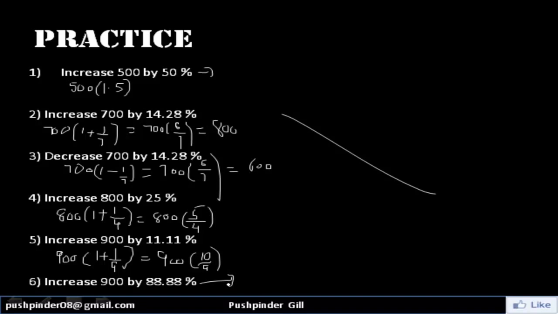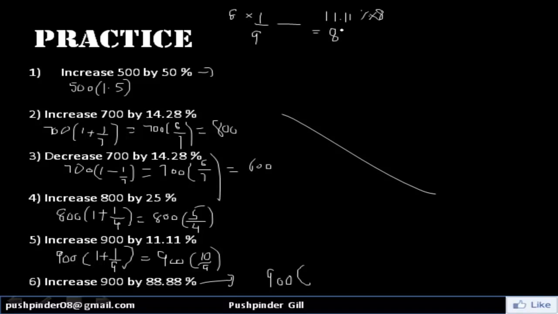Similarly, if I have to increase 900 by 88.88%. Now guys, let's calculate what is 88.88%. We have recently seen that 1 by 9 is equivalent to 11.11%. So if I have to calculate 88.88%, I'll multiply this number by 8, and this also would get multiplied by 8.